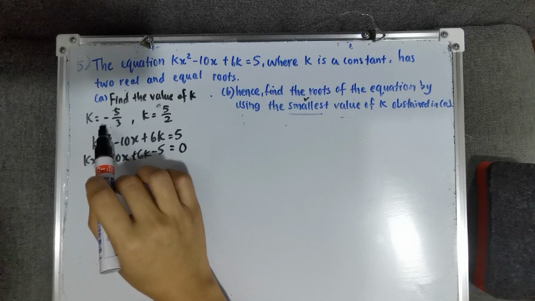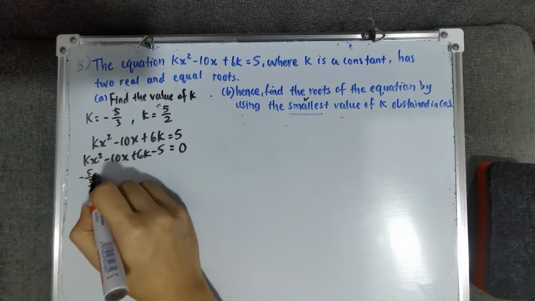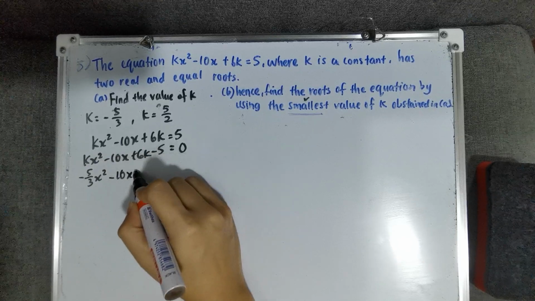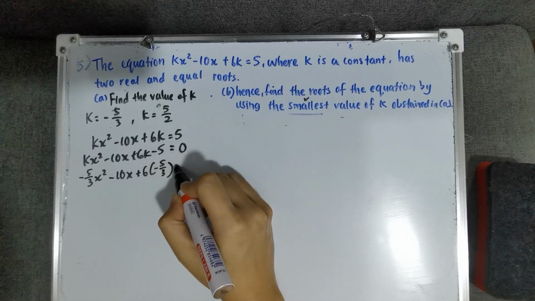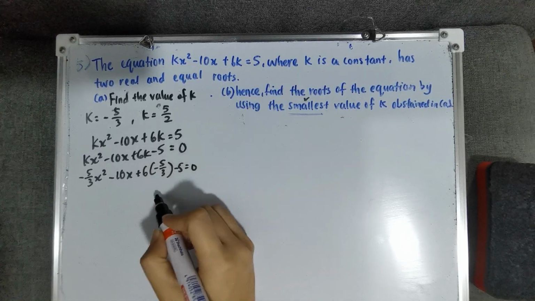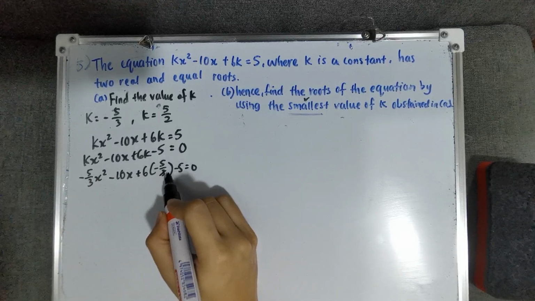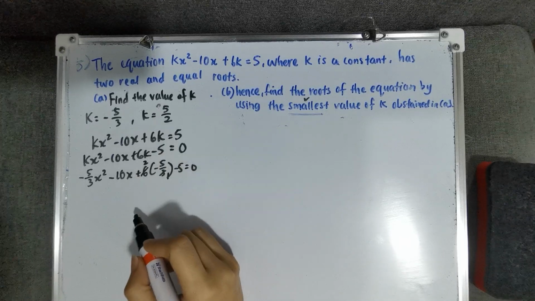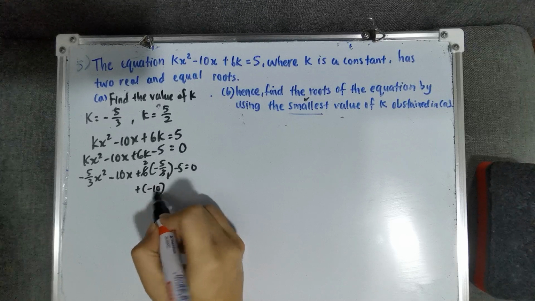So your k is negative 5 over 3. So negative 5 over 3 x squared minus 10x plus 6 times negative 5 over 3 minus 5 equals 0. So 3 times 1 is 3. 3 times 2 is 6. So this is a negative 10.